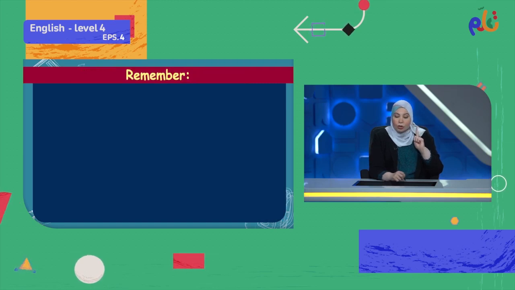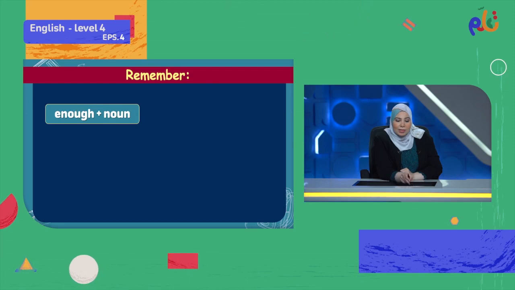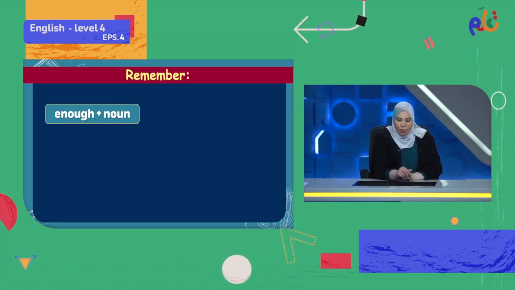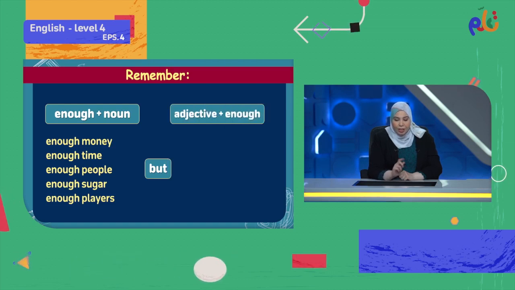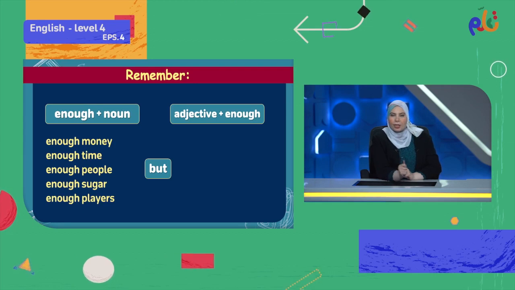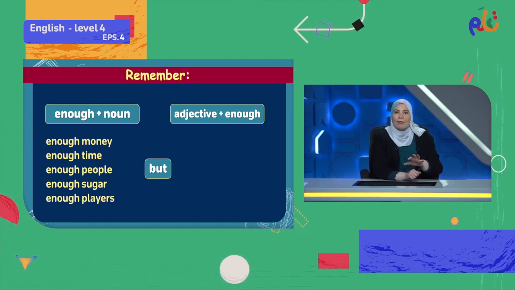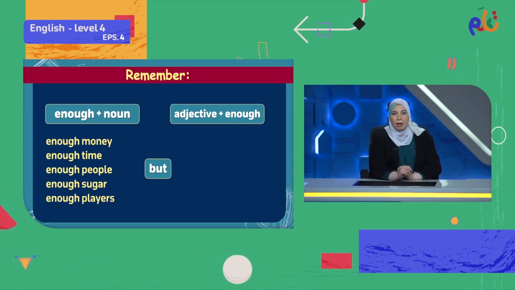So if you notice, and I want you to remember this, enough comes before the noun, but it comes after the adjective. So I can say, I don't have enough money for this house. I don't have enough time to come and visit. Enough people.